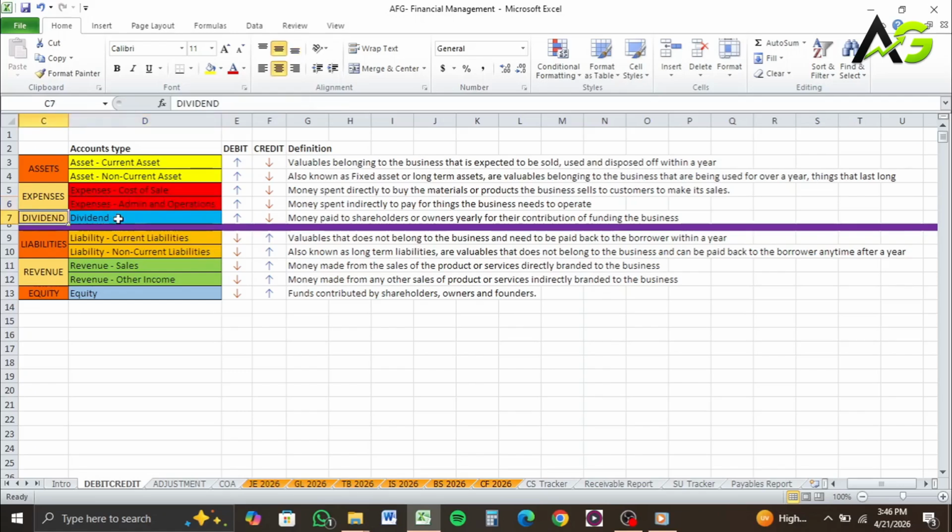Then there's also dividend. Okay, dividends are basically money that you pay to your owners, the company that you work for, the CEO, the oga pata pata, not your finance manager. Your finance manager is still a staff, even if he's your oga. Even he reports to somebody.